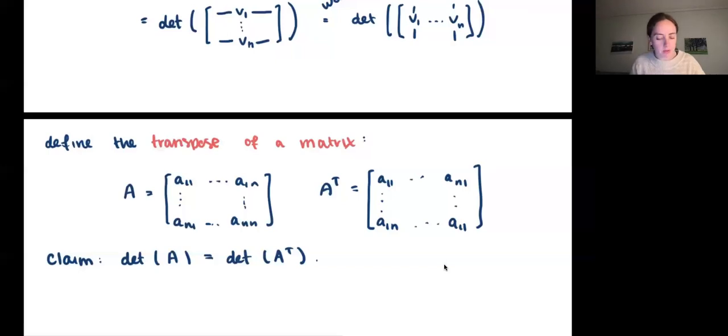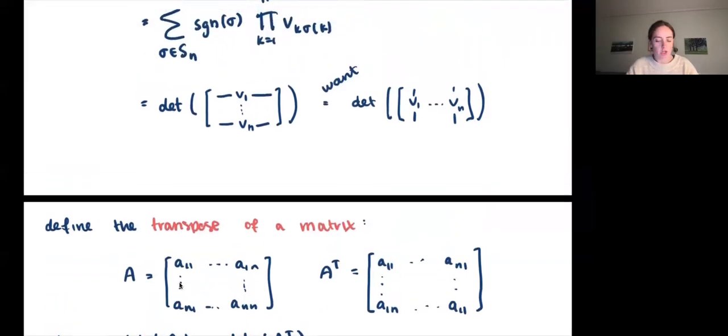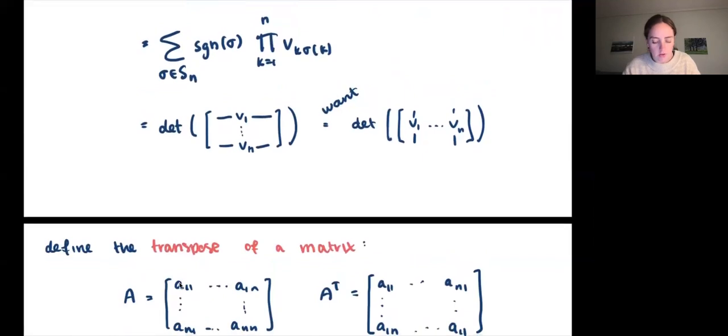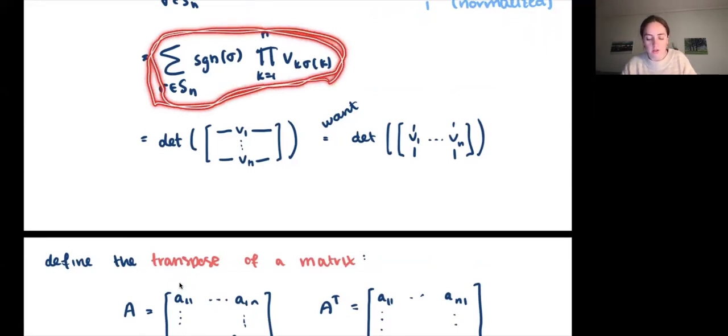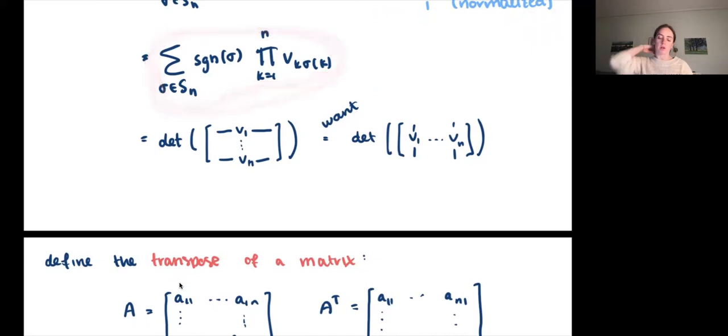I think this might be a problem set or a recitation problem. Let me see. I'm not sure, but my hint is, let's go back to here. Here's my hint as to how to work this out. Since a permutation is a bijection, it has an inverse. So sigma has an inverse.